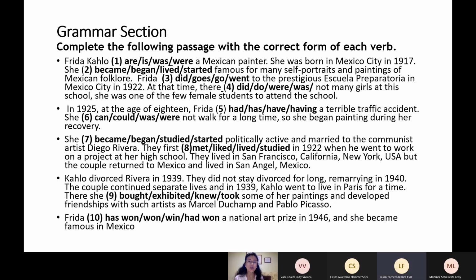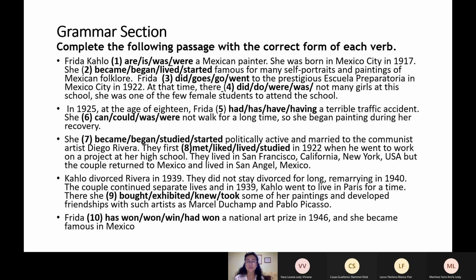At the age of 18, Frida had a terrible traffic accident. She can, could, was, or were not walk for a long time? Remember, abilities to walk. What do you think? She could. Very good. She could not walk for a long time.